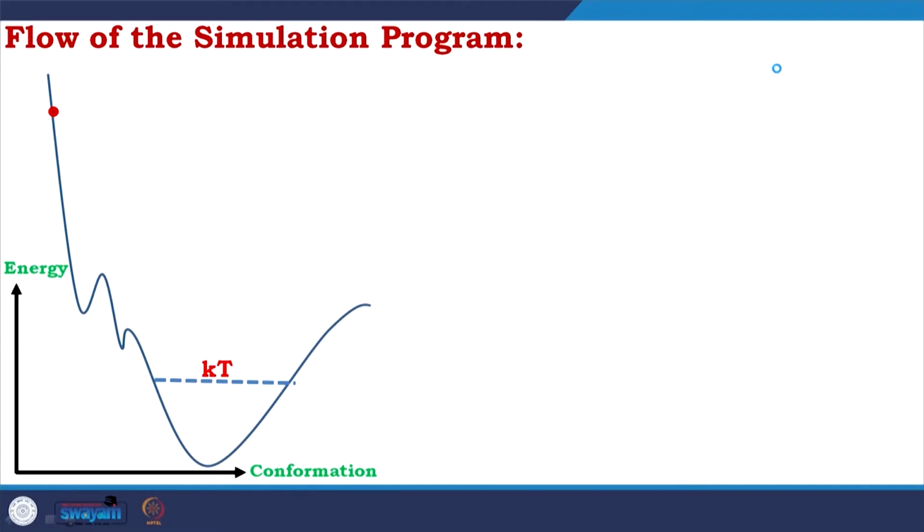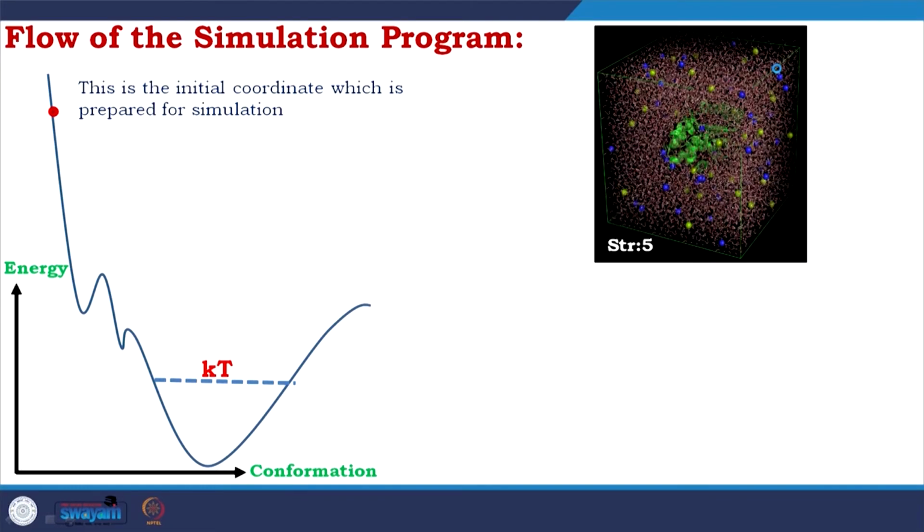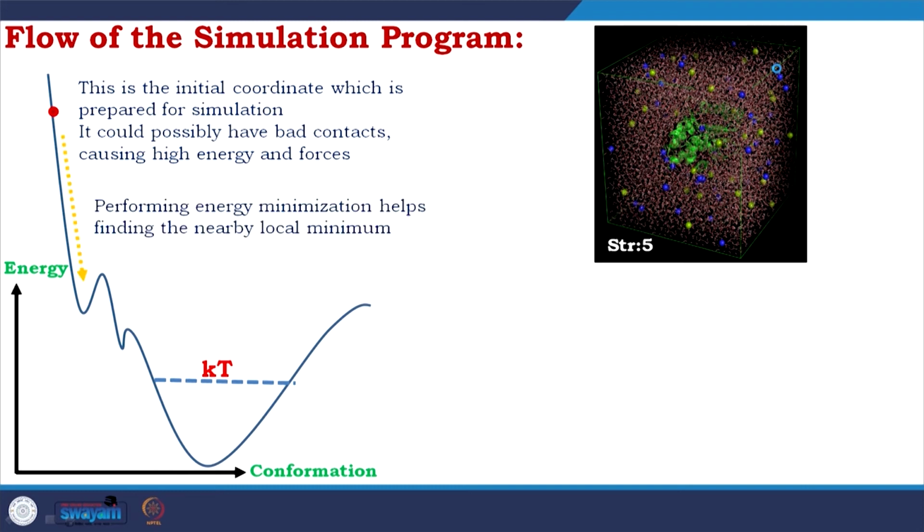Coming to the flow again, we have the initial coordinate, we have processed them, we come to the structure where we have the protein, it now has a box, periodic condition is applied, solvated with TIP3P, ions are there to buffer. So, everything is there, but now it could possibly have bad contacts. So, we have to go for minimization.